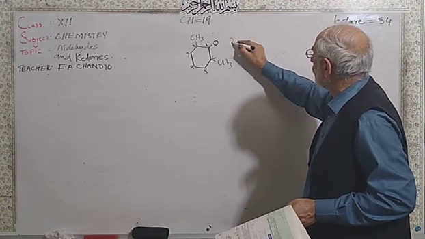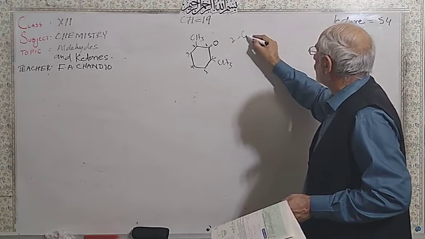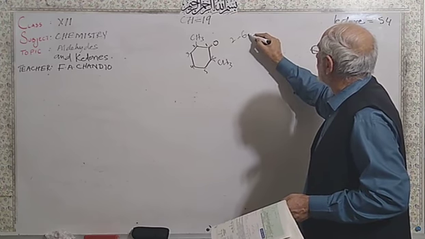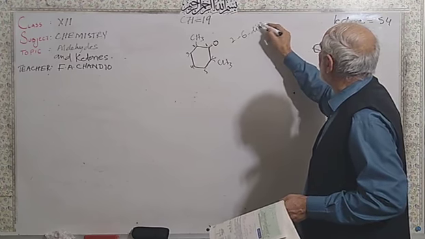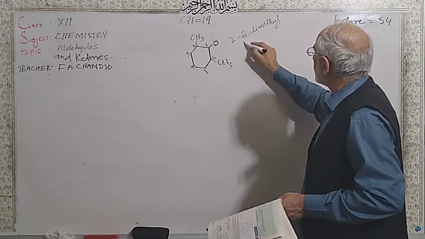So this is the 2, this methyl, 6, this methyl, 2,6-dimethyl and hexanone.